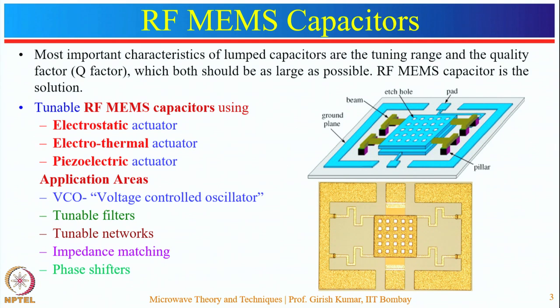The electrostatic actuator based capacitor provides low power consumption. It also provides high actuation speed and large deflection capability. But the tuning range in these capacitors is relatively less. This tuning limit can be overcome by electrothermal actuators, where the gap is reduced using thermal mismatch.